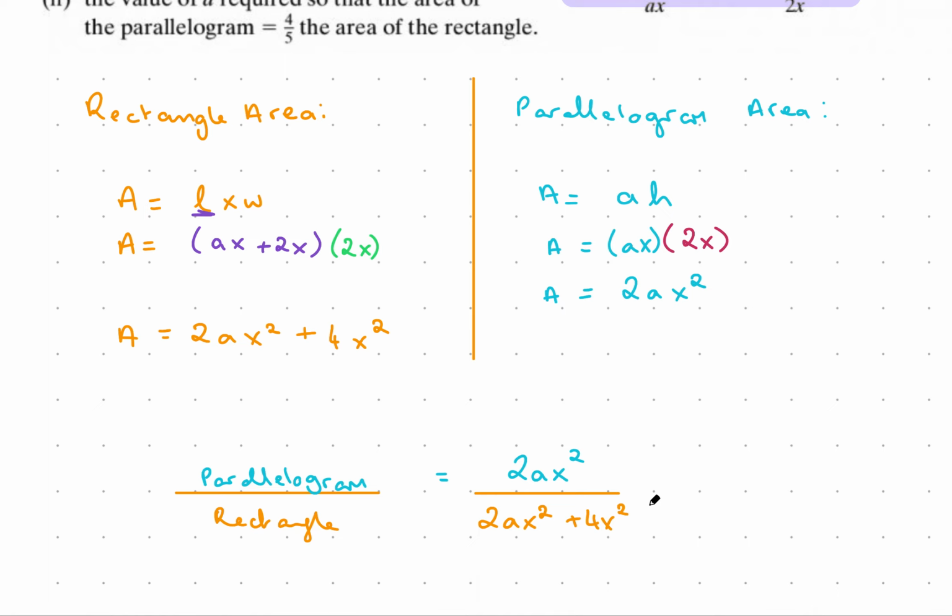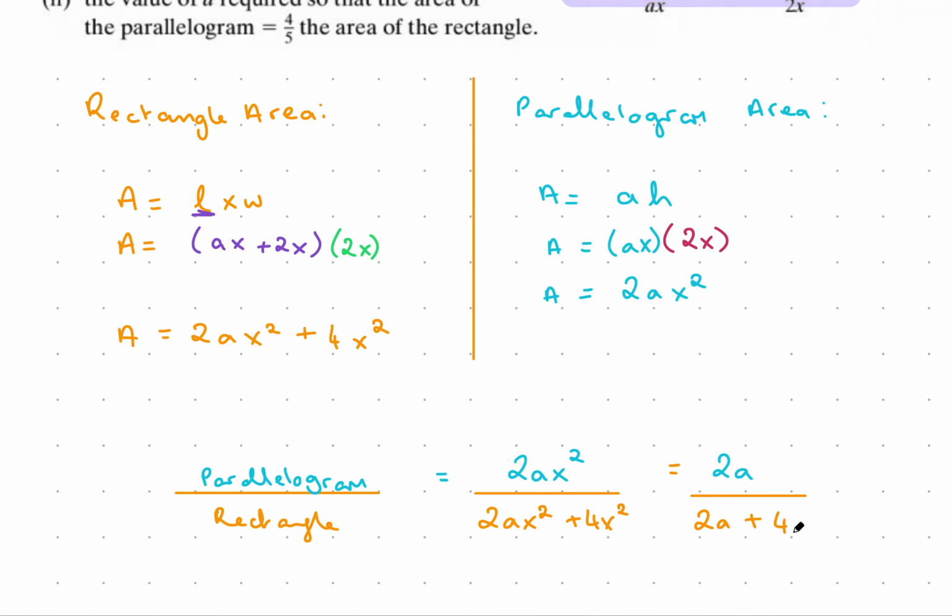Okay, we're not quite finished yet, because when I'm looking at that, I can see some common factors. What I can do is divide through top and bottom first by x squared, because it's common to every piece of the puzzle here. I divide the top by x squared, and I get 2a. I divide the bottom by x squared, and I get 2a plus 4.